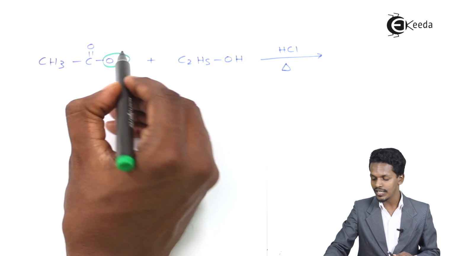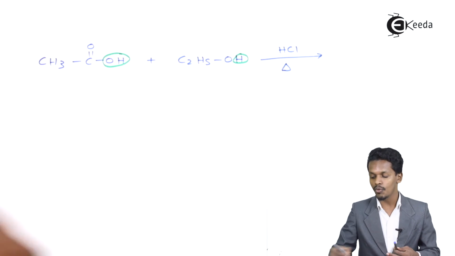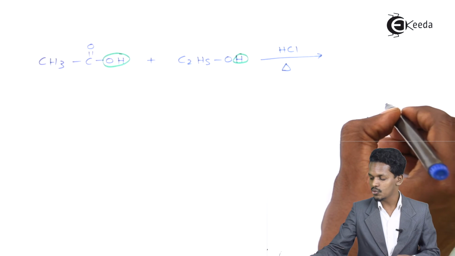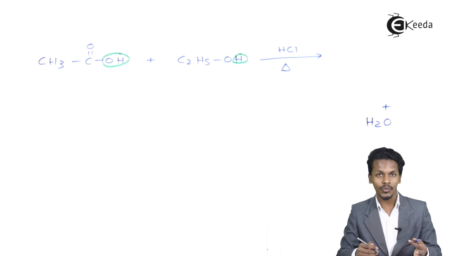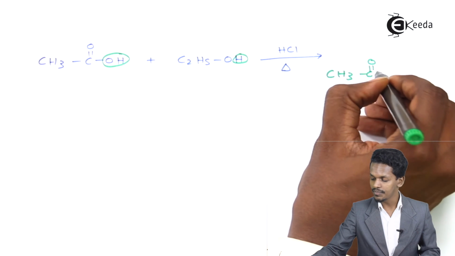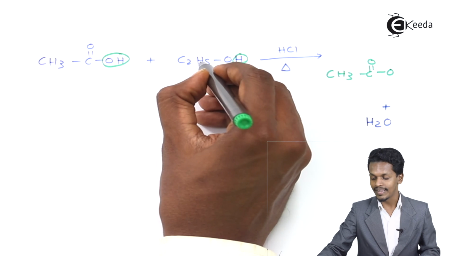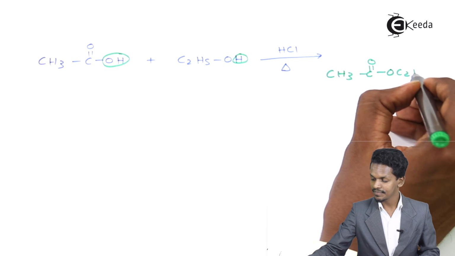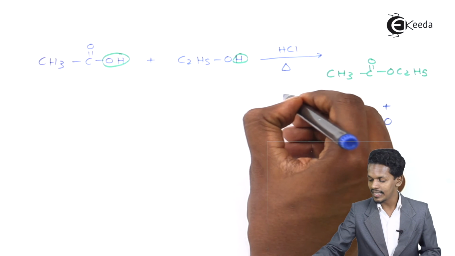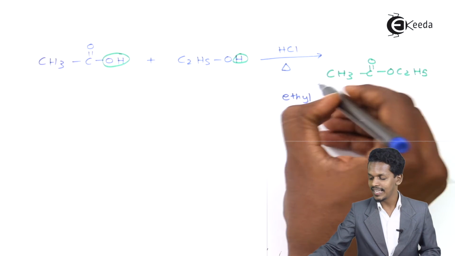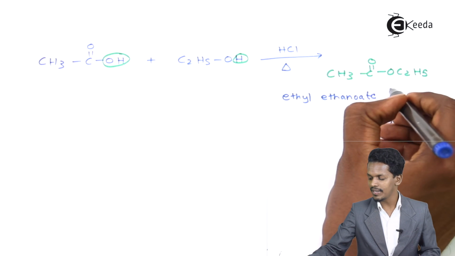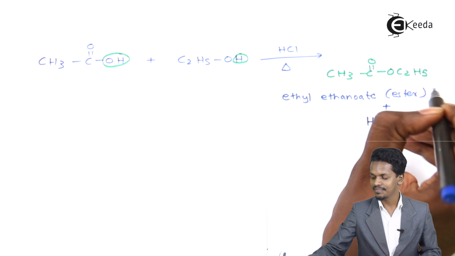This OH will take away the hydrogen atom of the alcohol, and the byproduct removed is H2O, and the main product we get is CH3C=OO C2H5. The name of the product we have obtained here is ethyl ethanoate, that is nothing but an ester.